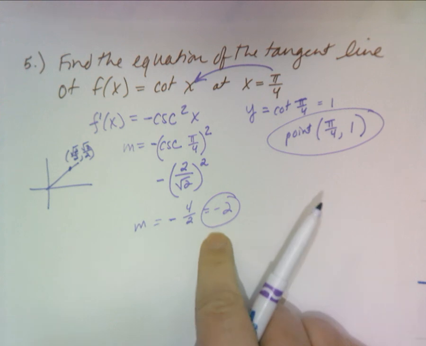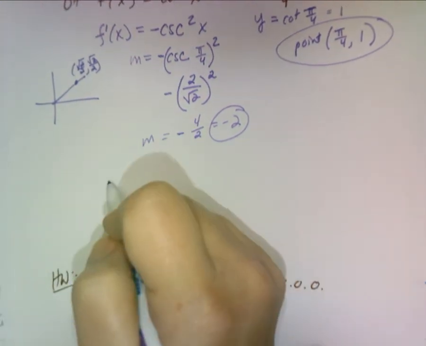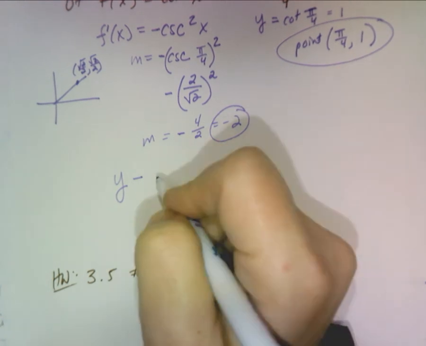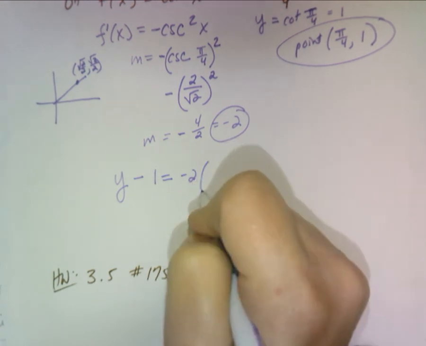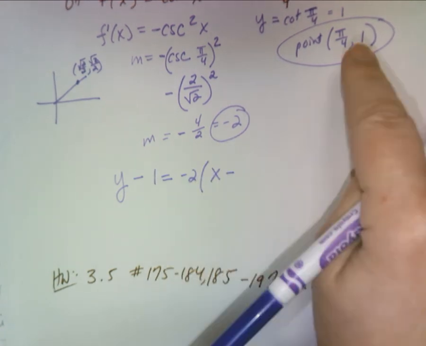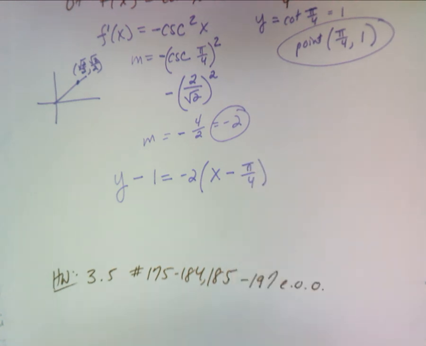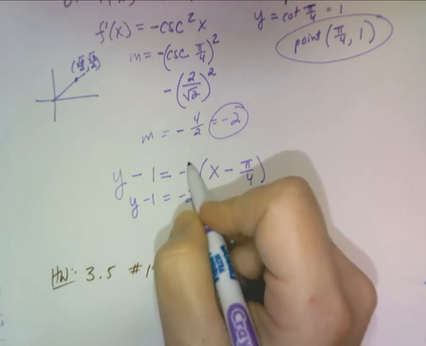There's your slope. Put it into the point slope formula. y minus y1 equals m times x minus x1. And then clean this up a little. Let's see, y minus 1 equals negative 2x.